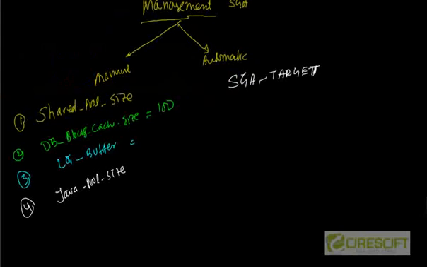Another important thing is that all these parameters can be tuned online. That means when the database is up and running, if you think that we have assigned log buffer a big value but are not really using it, or we assigned a Java pool size but never use any Java, we are not executing any Java calls, then if you set those things to automatic mode, Oracle is going to make sure these things are tuned properly during runtime.